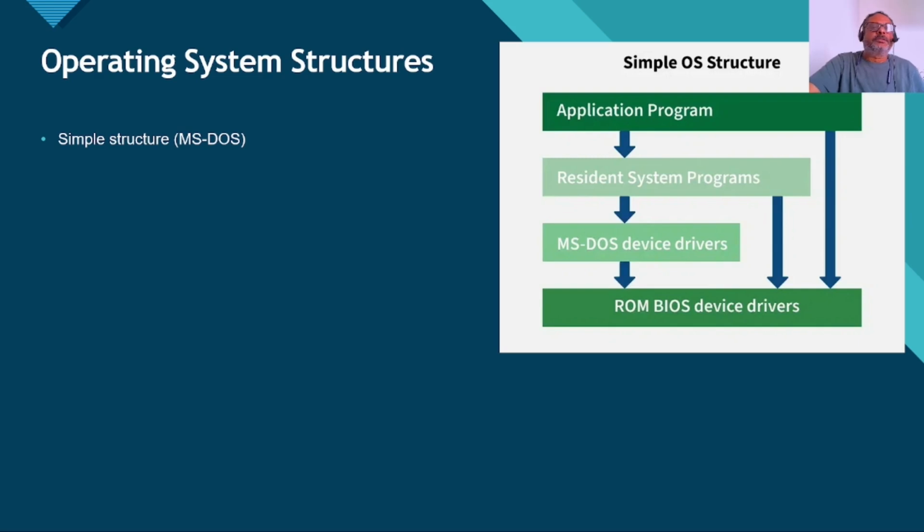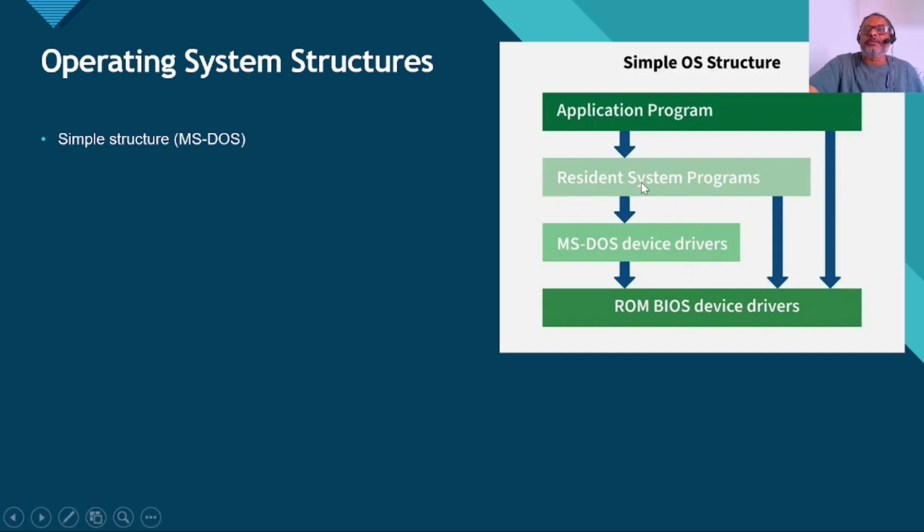The simplest structure is the Microsoft Disk Operating System, very famously known as MS-DOS. In that, at the bottom layer we have ROM, where the basic input output system, device drivers and all are put, and then other device drivers are there on the upper level.